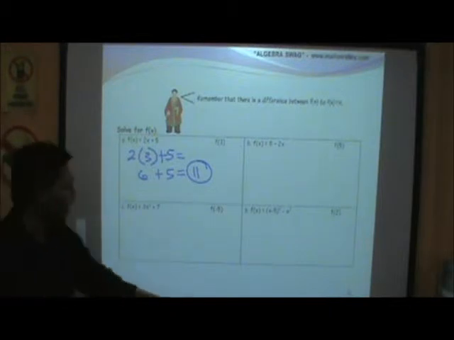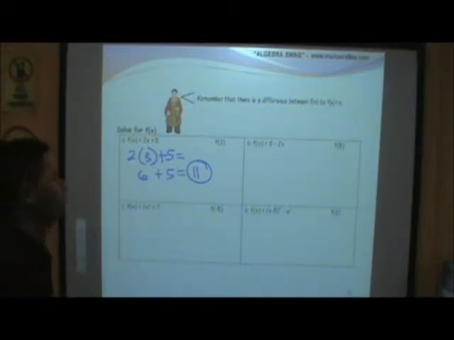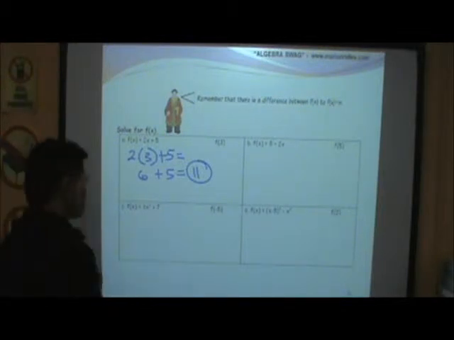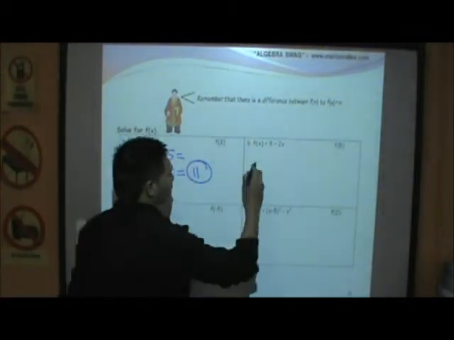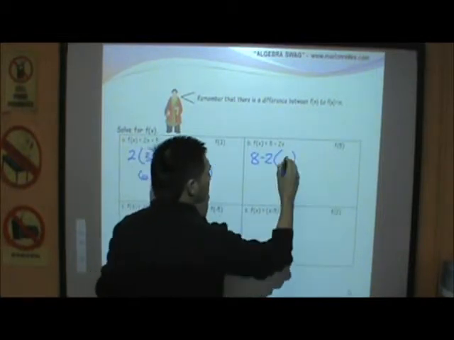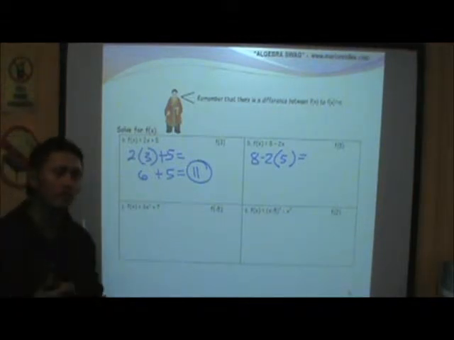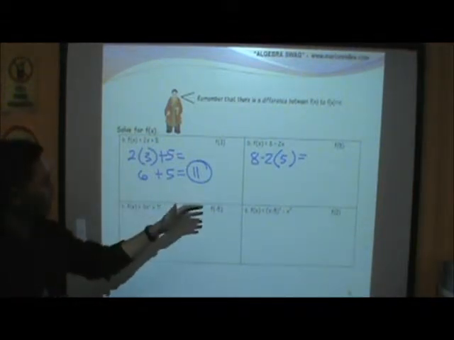Okay? So again, this is the reason why I like this lesson, because all you have to do is plug in and use your calculator, and that's about it. So 8 minus 2(x), where the value of x is 5. I know you don't really need my help here because you have a calculator.